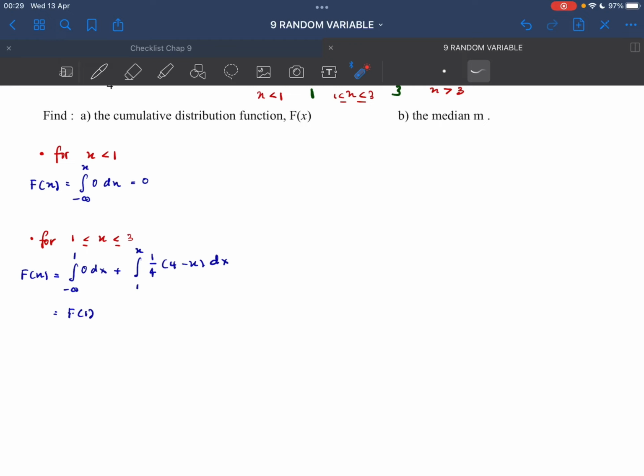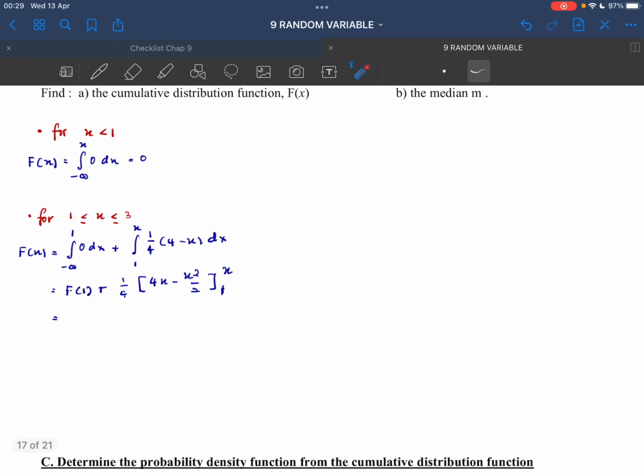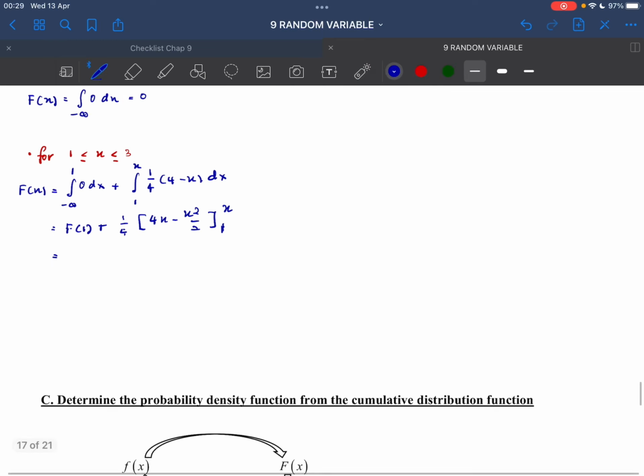Plus, integrate 1 over 4, we get (4x minus x squared over 2), integrated from 1 to x. So F(1), we substitute 1 into this function, obviously you get 0. So we end up with 1 over 4 times (4x minus x squared over 2) minus (4 minus 1 over 2).